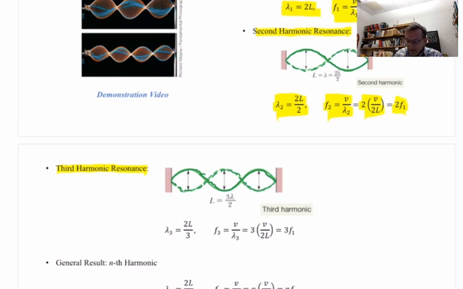So the wavelength lambda 3 of the third harmonic is 2L over 3. And the corresponding frequency of the third harmonic, F3, is V over lambda 3. But for lambda 3, substitute 2L over 3 and write it like this: 3 times V over 2L, or 3 times F1. So we're starting to see a pattern here, yes?